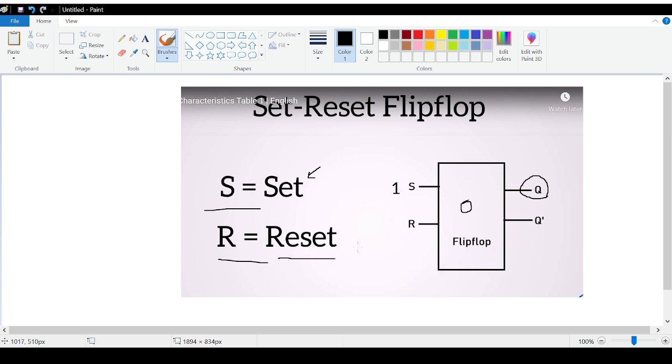So if you want to store 0, then we pass 1 through R and we pass 0 through S, because I'm resetting the value, so I'm not going to set the value. As a result, the value of Q in this case will be set to 0.